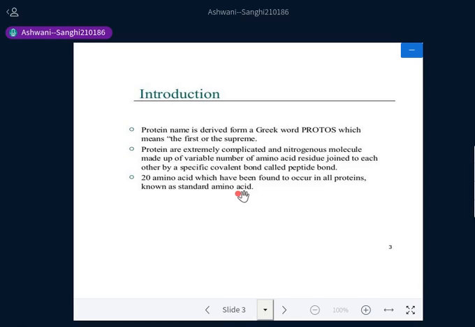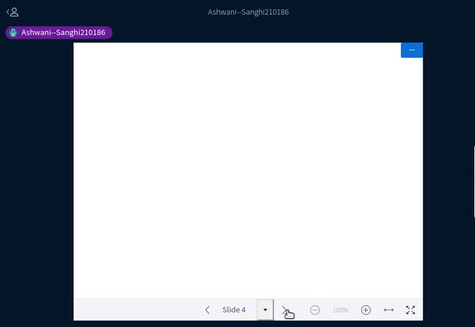Only these 20 are standard and the remaining amino acids are non-standard, meaning they are not used in the synthesis of proteins. These 20 standard amino acids are L-amino acids, or levo amino acids, in nature.